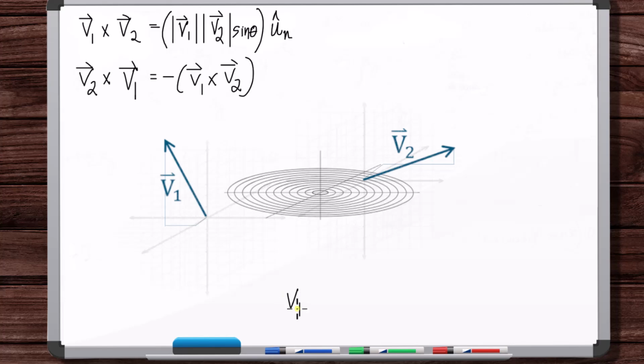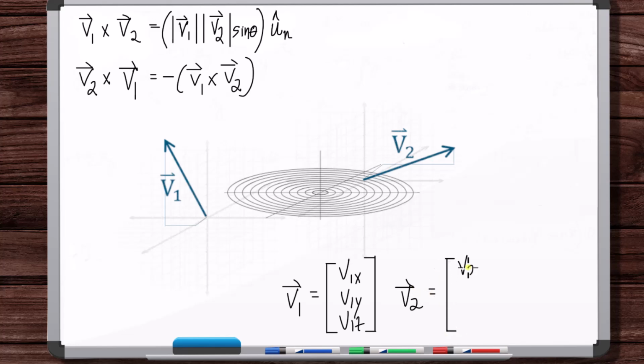Okay, if V1 is equal to V1x, V1y, V1z in rectangular, and V2 is equal to V2x, V2y, V2z, then V1 cross V2 is equal to the determinant of a 3x3 matrix where the first row is i hat, j hat, k hat.